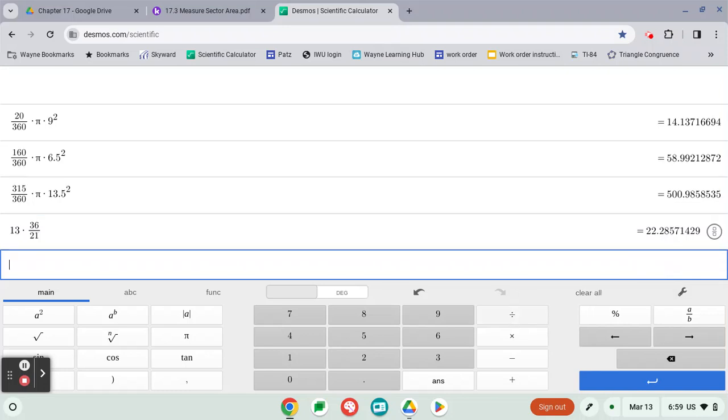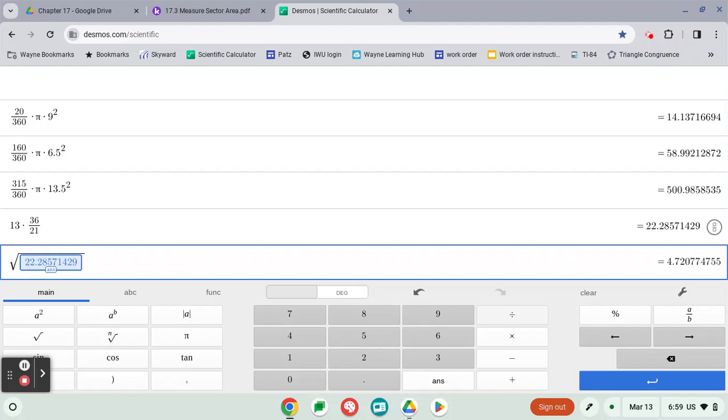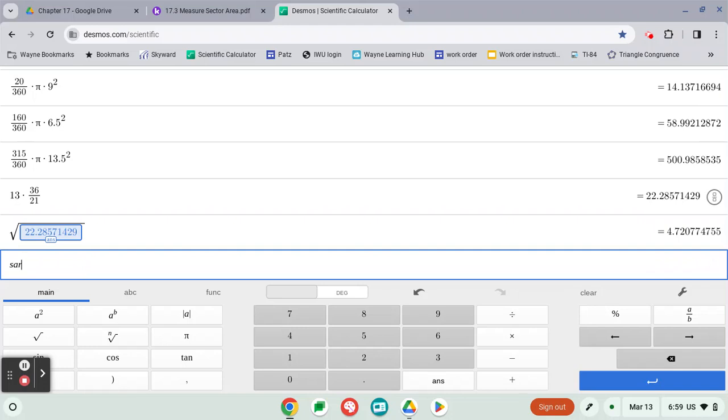If you're doing it on here, if you type in SQRT, it pops up. You guys know how to find square root on the calculator. So square root, I can type A and S, and it will take that previous answer. For those doing it on the calculator, you're probably going to need to type in 22.3, and you'll see it's very close.